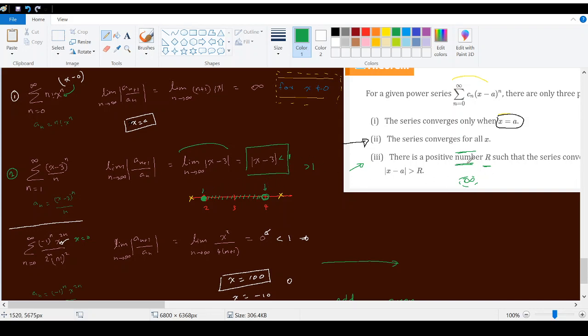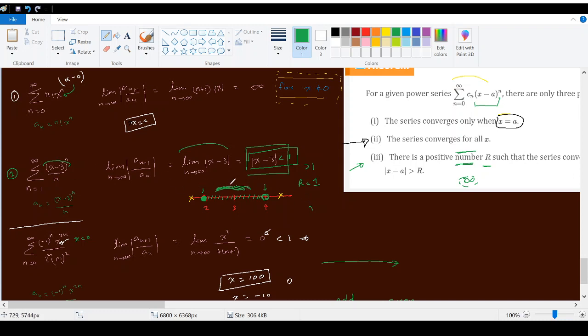So here it says, we know for sure that, in this third category, there is a certain number. Now in this case, that number is equal to 1, so that if this term, x minus a, and in this case it is the x minus 3 term, is less than this number, that is, if x minus 3 is less than 1, in this region, we already proved that the series converges for those numbers.